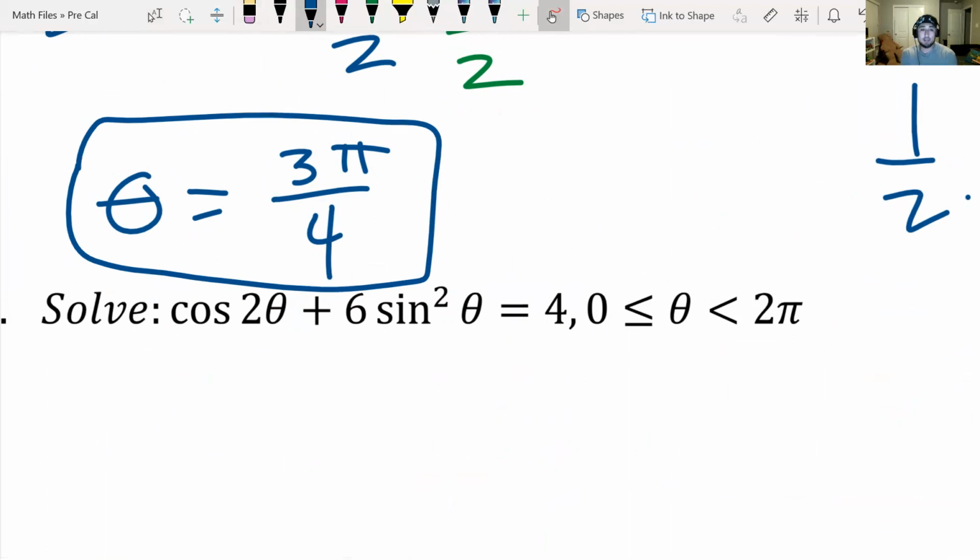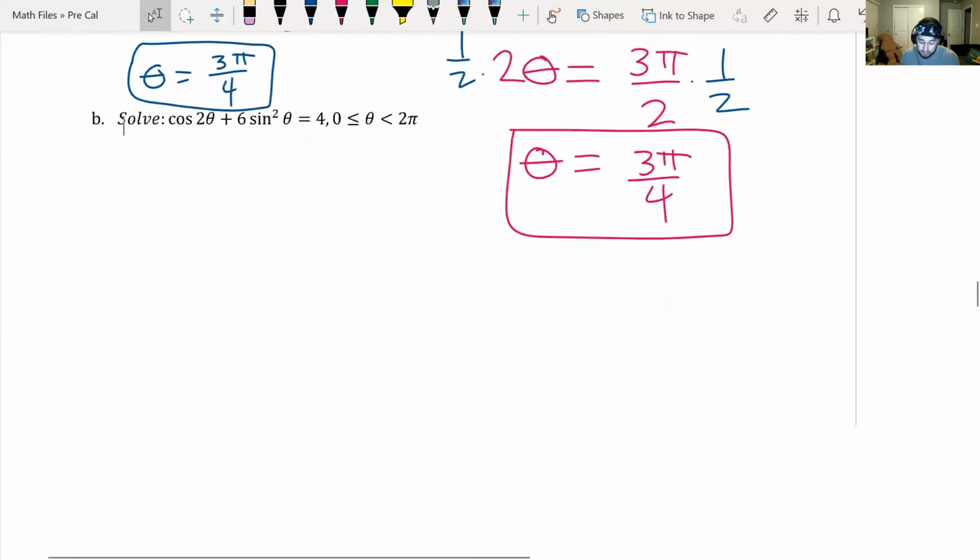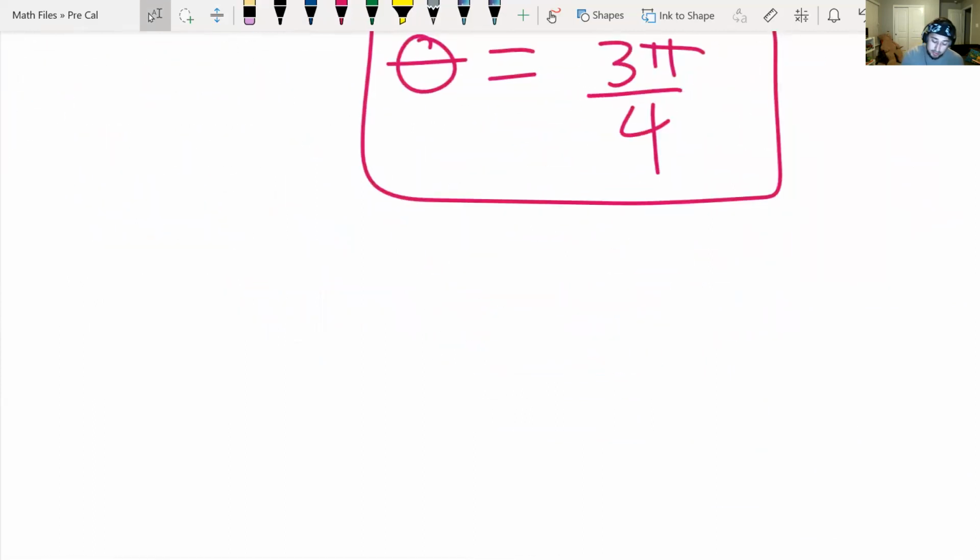Solve cosine 2 theta plus 6 sine squared theta equal to 4. And we want our values on the unit circle 0 to 2 pi. Okay, so since we have sine squared already, maybe we can put this all in terms of sine, which means that we have 3 formulas we can use for cosine 2 theta. I'll write them over here.